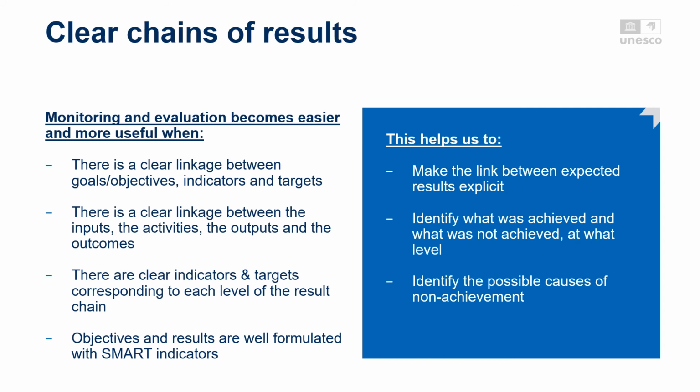Clear results chains and clear results statements are therefore important for monitoring and evaluation because they help us to make the link between expected results explicit, identify what was achieved and what was not achieved at what level, and identify the possible causes of non-achievement.